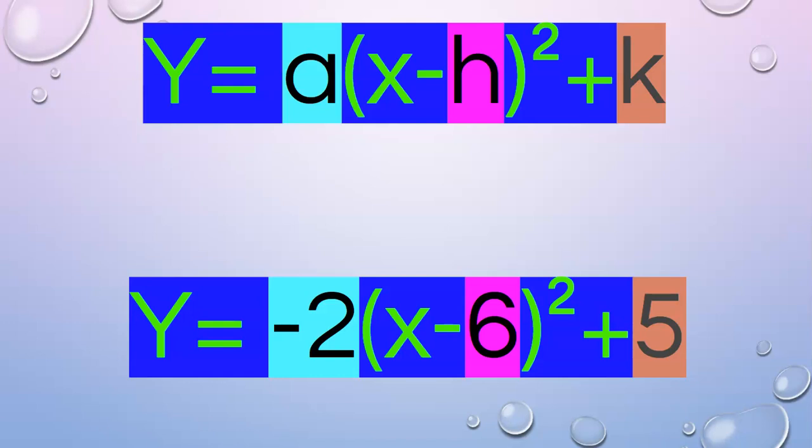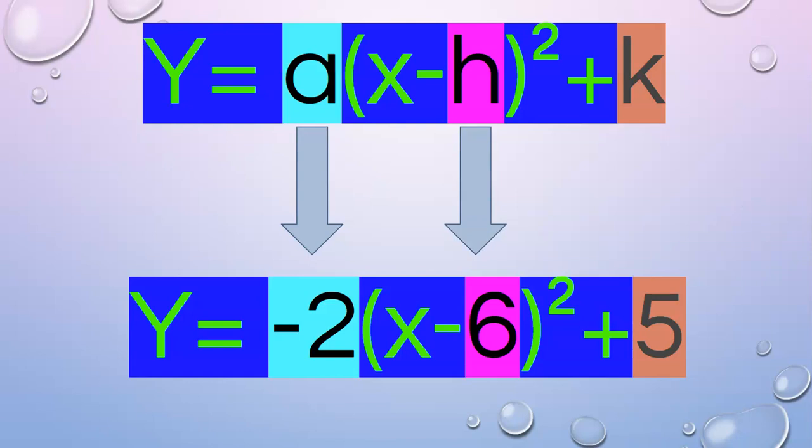So here below, you'll notice we have an equation where those values are already filled in. The A value is on the outside, so in this particular case, our A value would be -2. In this case, our H value would be +6.